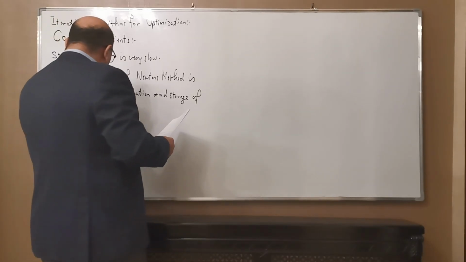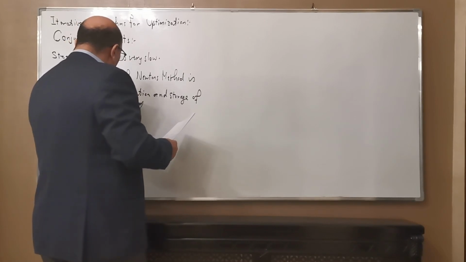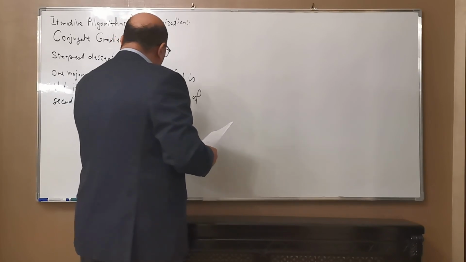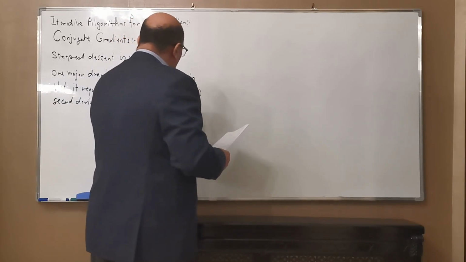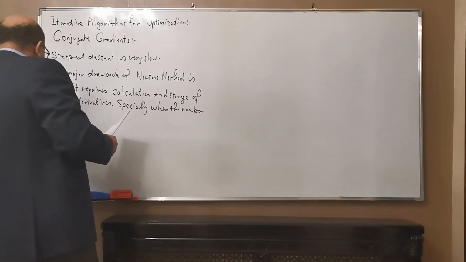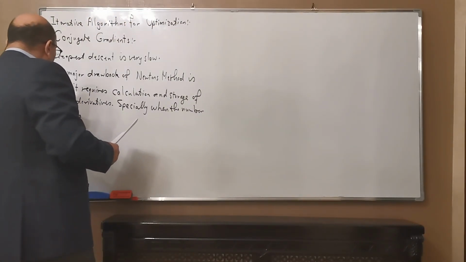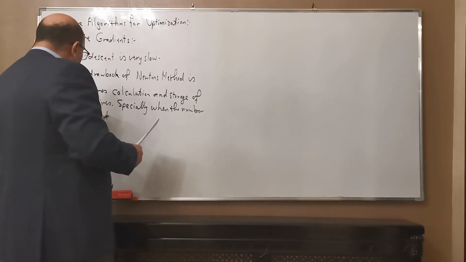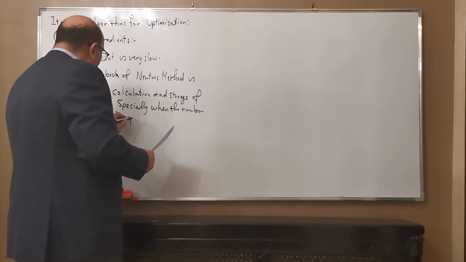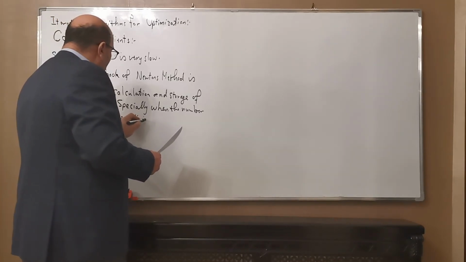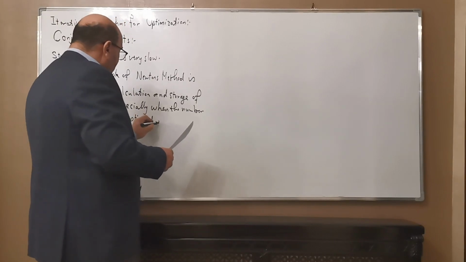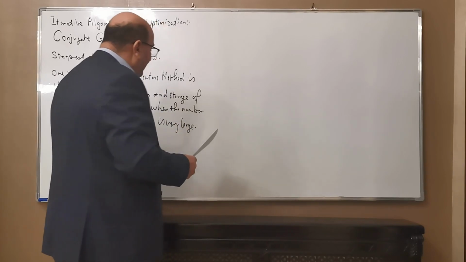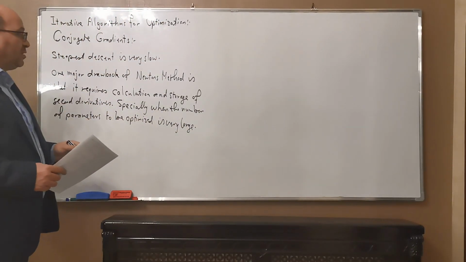Especially when the number of parameters to be optimized is very large. So calculation of the Hessian is one drawback of the Newton's method.